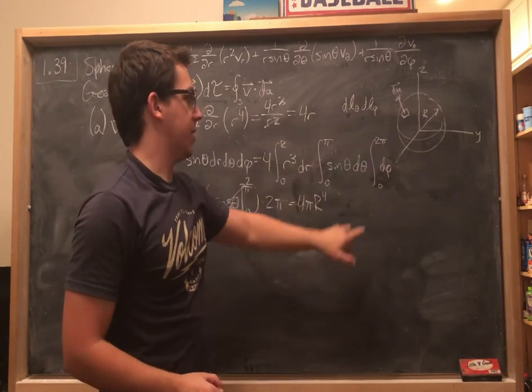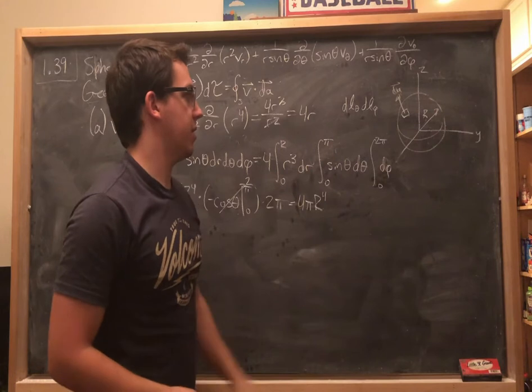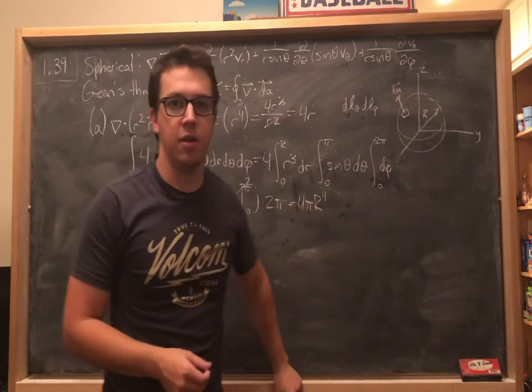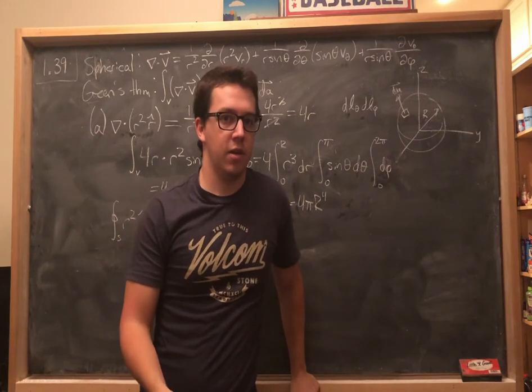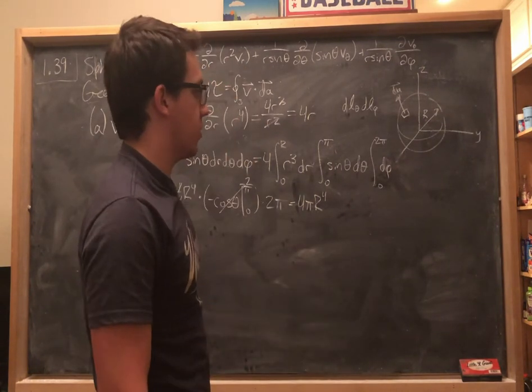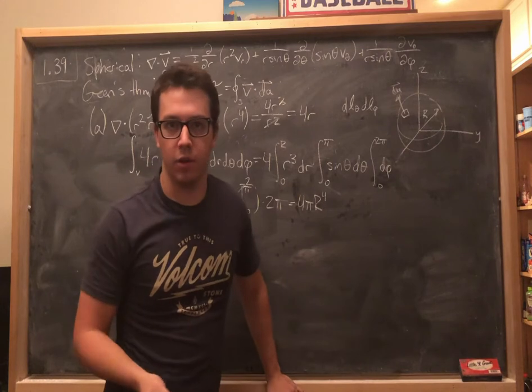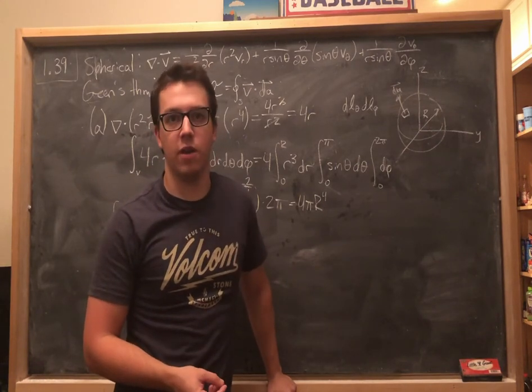These are not the same as just d theta d phi, because d theta d phi aren't in units of length. They're changes in angles, but not changes in length. Geometrically, you can do the math yourself, or you can look in Griffiths and see how he derives it.